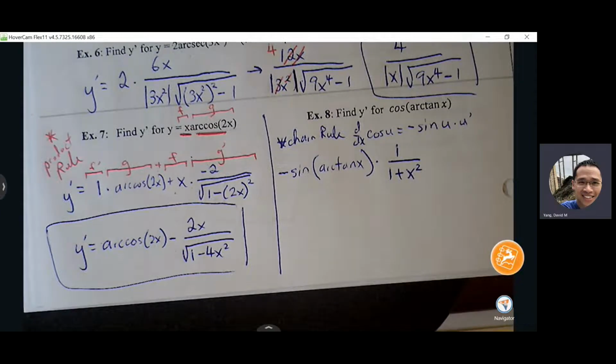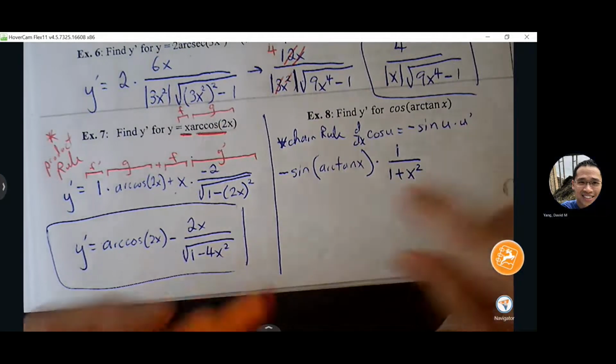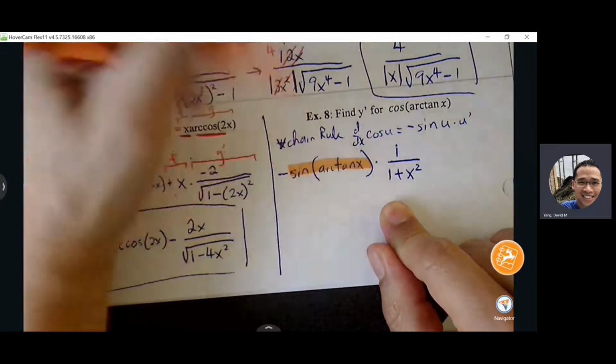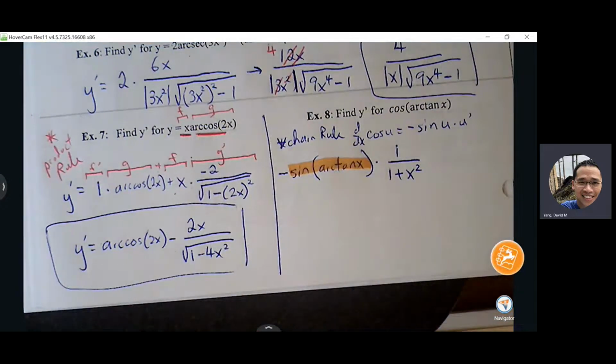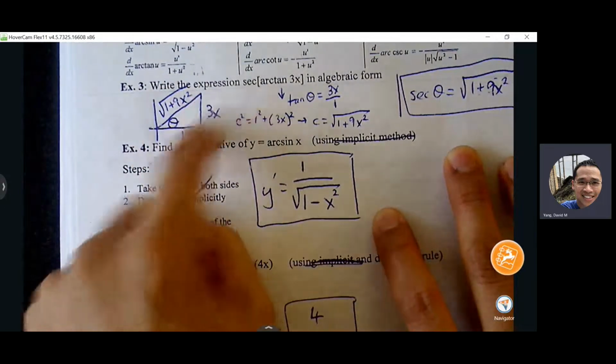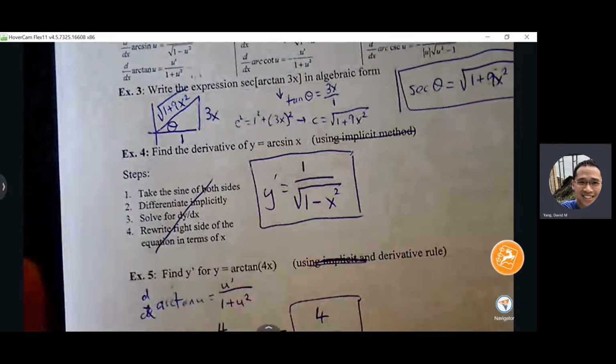Okay, so we have the derivative, but we're going to do some cleanup because we can actually do a little bit more in terms of getting our answer into algebraic form. And that's something that I'm going to be asking you to do. The way we do that is the same thing that we did with example 3. We draw the triangle, we fill out our triangle, and we find the ratio based off the triangle.